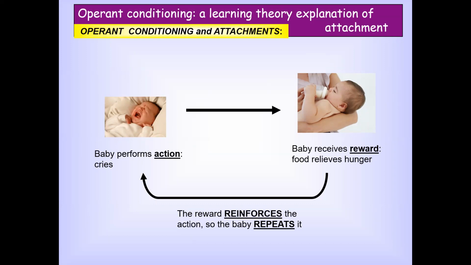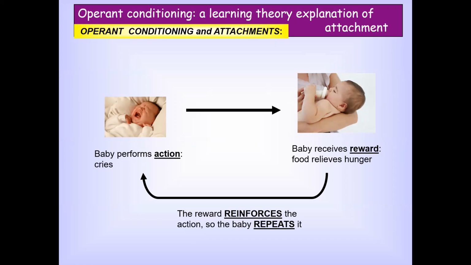So the mother is seen as a secondary reinforcer. Every time the baby cries because it's hungry, it gets food. So the food's a primary reinforcer, it makes it feel better, but it's the mother that brings the food. So the mother slowly starts to be seen as a reward as well because of the food.